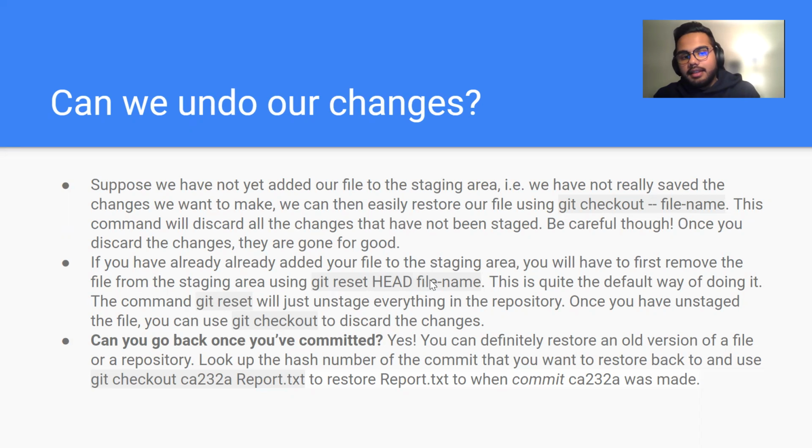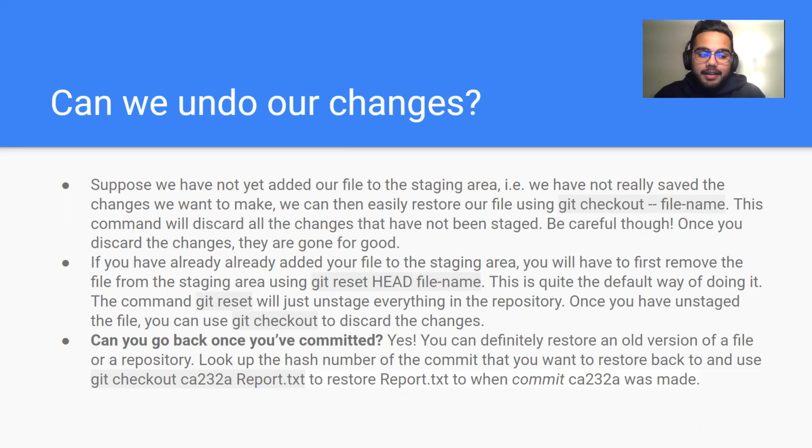It just unstages everything in the repository. Once the file has been unstaged, then you can use git checkout that we looked at in the first bullet point to discard those changes.